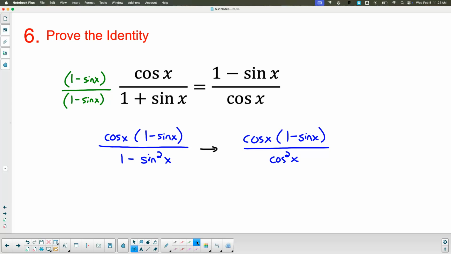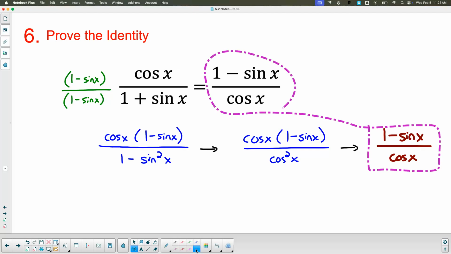Cosine cancels out one of the cosines on the bottom, and I've got it.